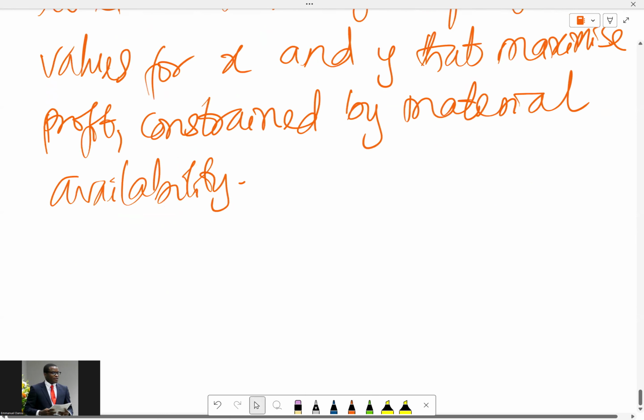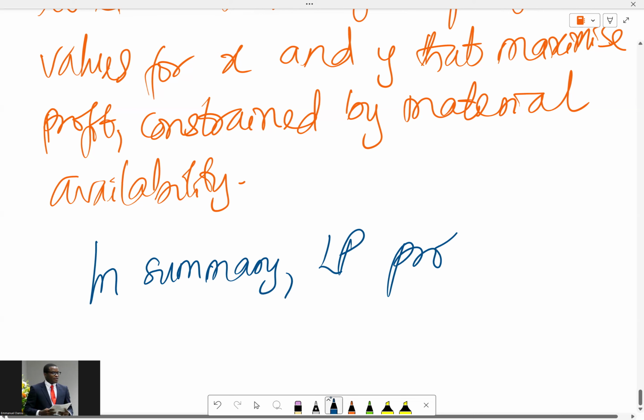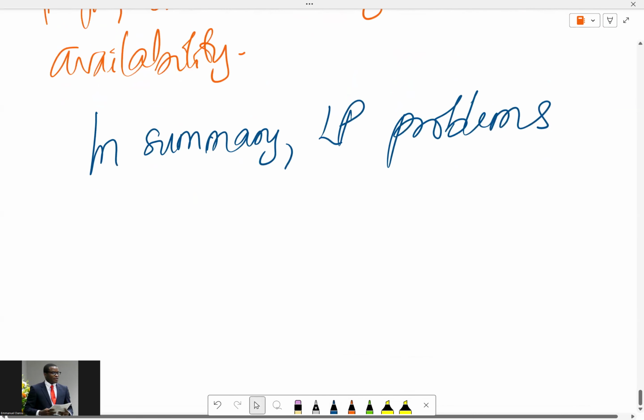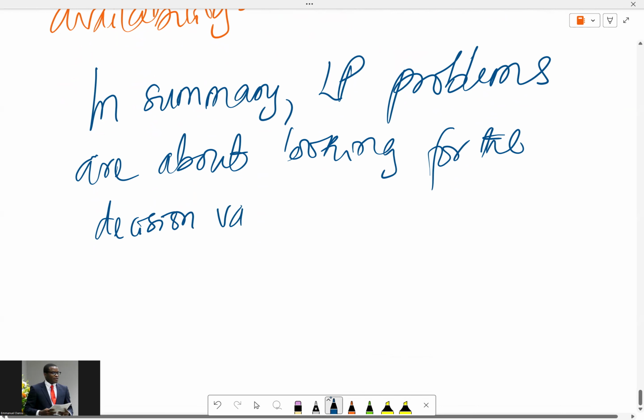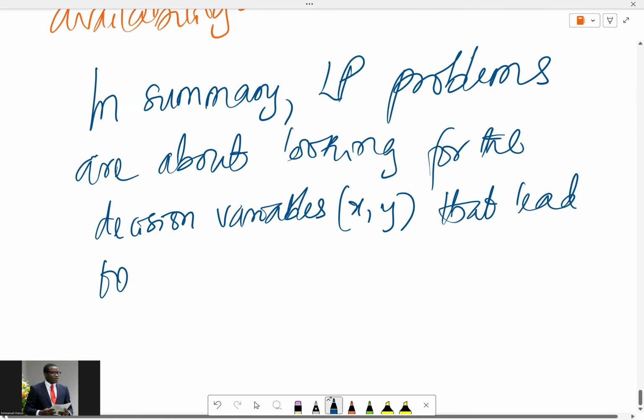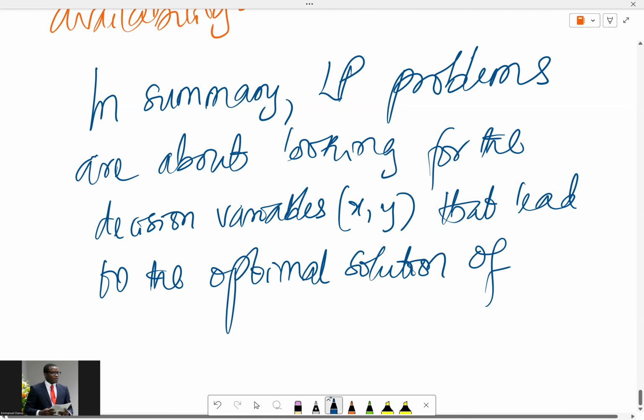So in summary, LP problems are about looking for the decision variables, say X, Y, or whatever you want, that lead to the optimal solution of the objective function.